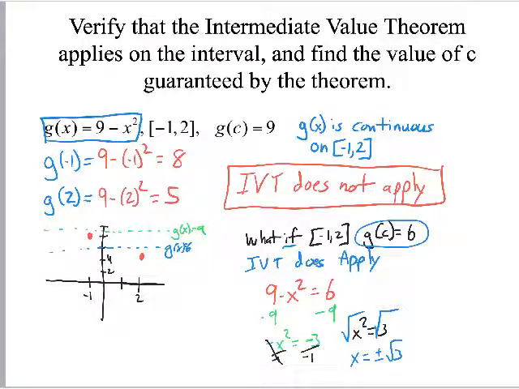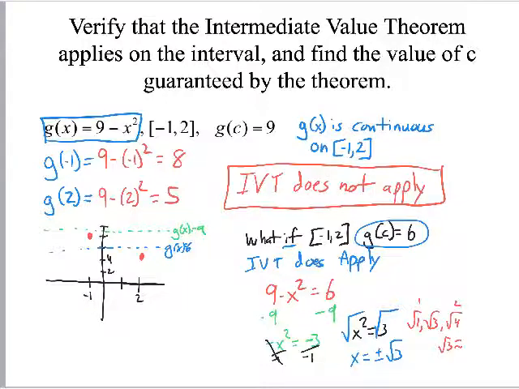So what this is saying is, at these points, you will cross this blue line. The thing is, are both these dots between negative 1 and 2? Let's think about that. The square root of 3, isn't that between the square root of 1 and the square root of 4? So isn't the square root of 3 between 1 and 2?